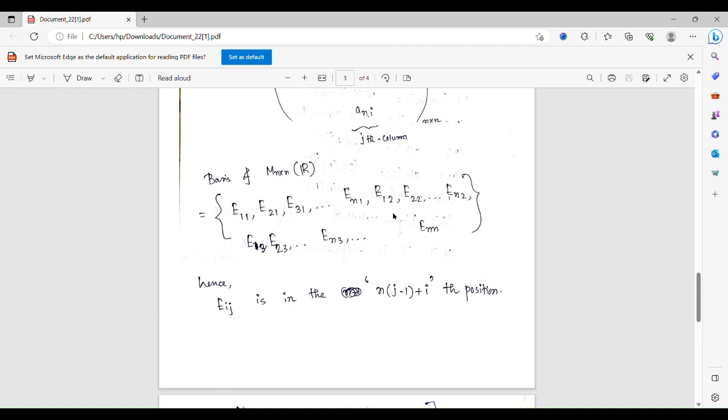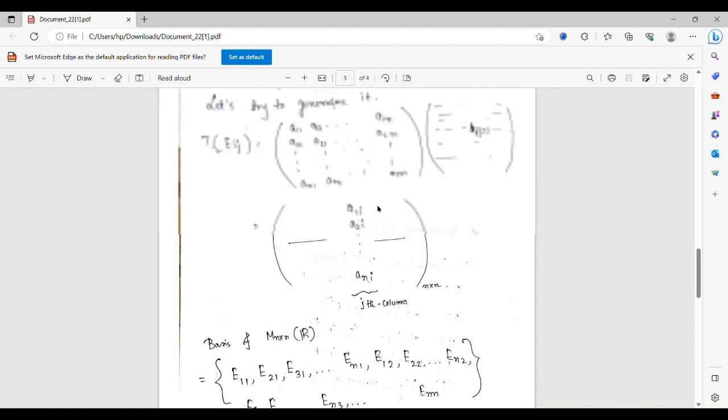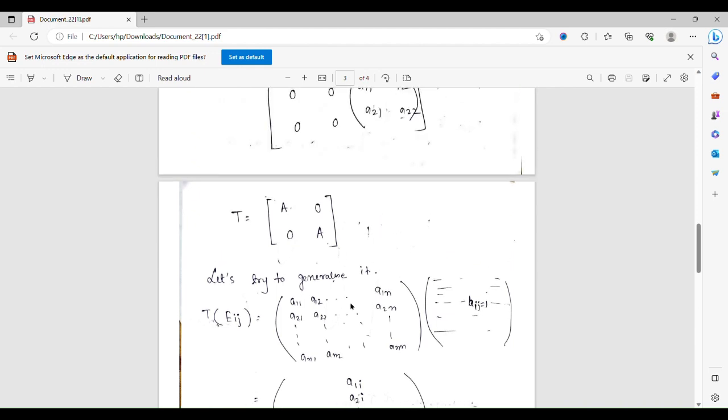Now observe that each ijth matrix in this ordered basis is in the n into j minus 1 plus ith position. Why? Because observe that somewhere here is the aij entry. Before this I have j minus 1 columns, because aij must be inside the jth column.